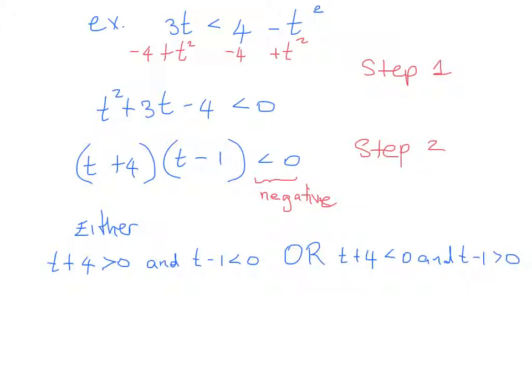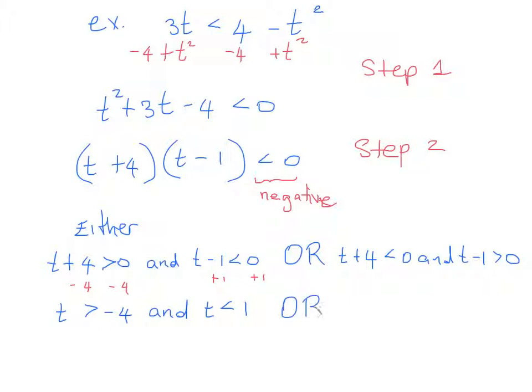All right, so now that we know that, we can solve each and every one of these little things here. So we can take away 4 from both sides. Here we can add 1 to both sides. All right, let's write what that would be. So t is greater than negative 4 and t is less than 1.